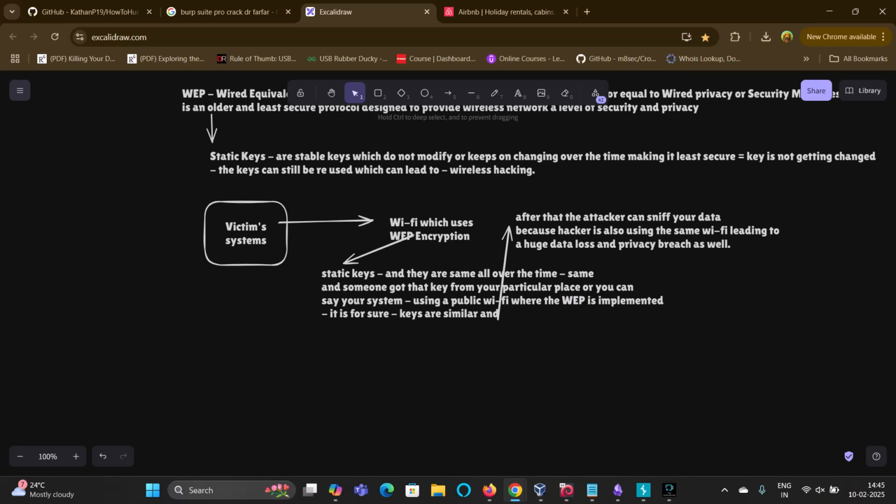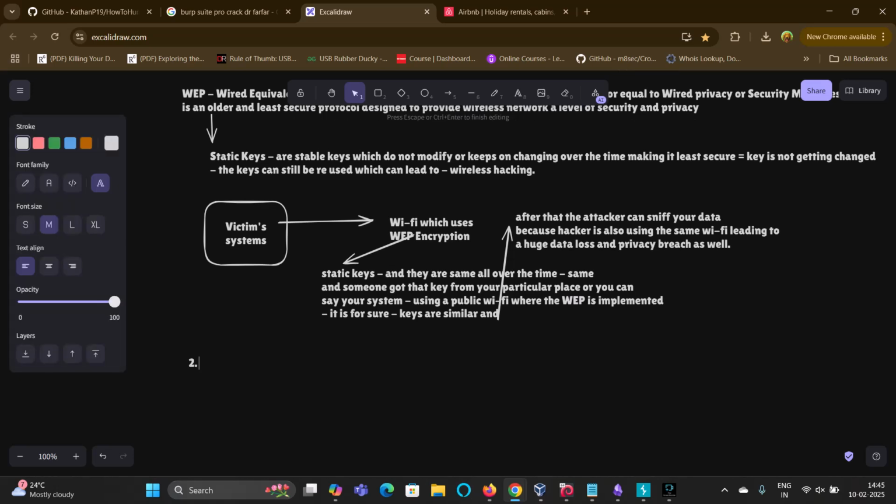After that, moving on further, we are going to discuss the topic WPA. WPA stands for Wi-Fi Protected Access. It is an improvement over WEP. As I stated, WEP is least secure, so WPA came into existence after WEP.